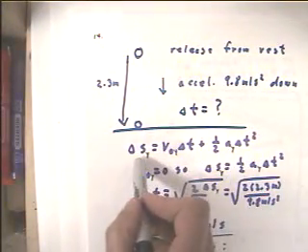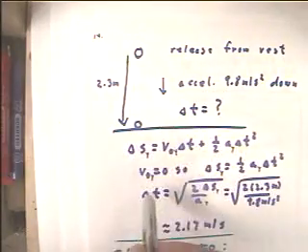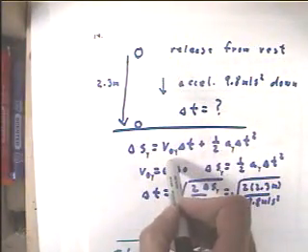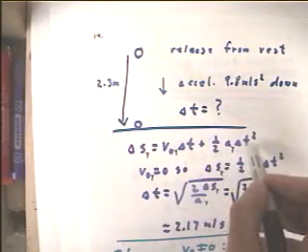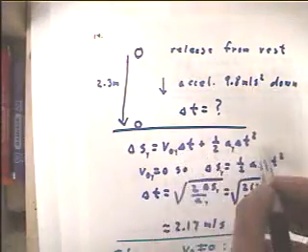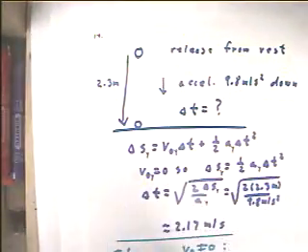Now, the displacement in the y direction is 2.3 meters. Initial velocity is 0. Acceleration is 9.8 meters per second squared, and it's the clock time, or the time interval delta t, that we're trying to find.